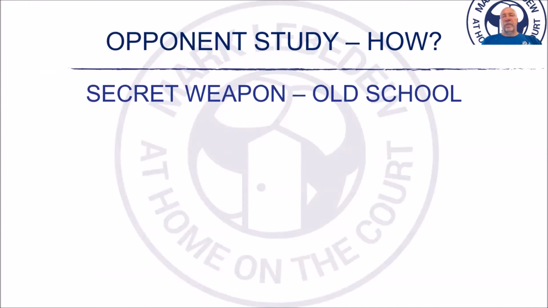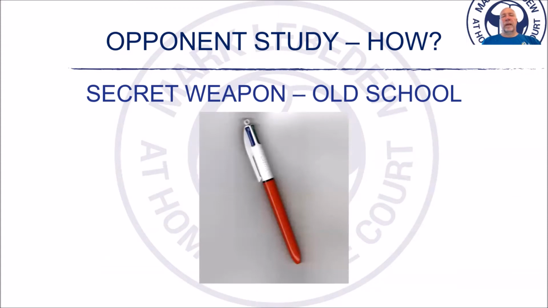The secret weapon for the old school is the 4-colored pen. Every coach should have at least one of those 4-colored pens in their bag at all times. And I would add, I don't have a slide for it, a liquid paper pen, or a correcting ink pen, is the companion to the 4-colored pen, and those two things go together.